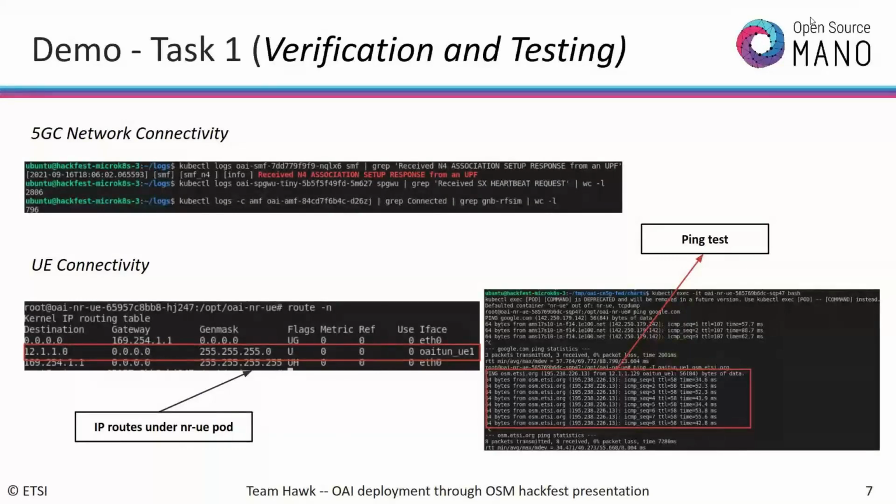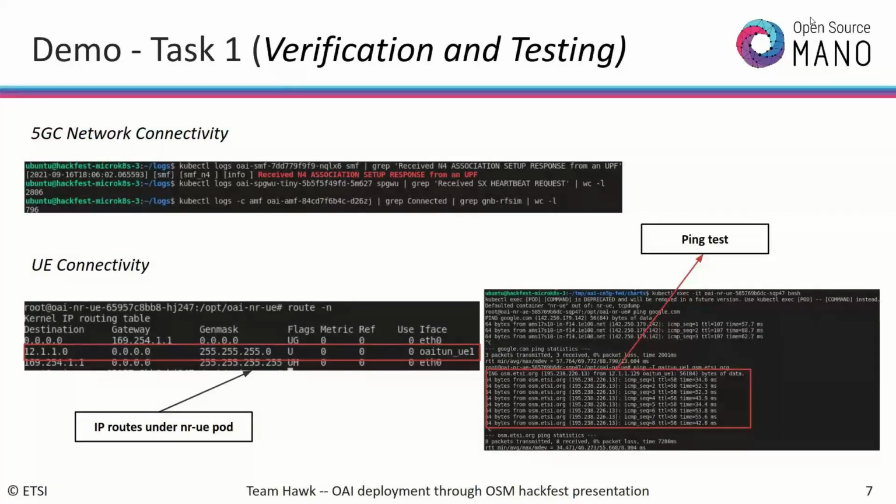The other thing you can notice is the UE connectivity. After correct static IP configuration on the gNodeB and UE, we were able to connect them with the core network elements and between themselves. As you can see, the UE1 tunnel interface is up from our deployment.